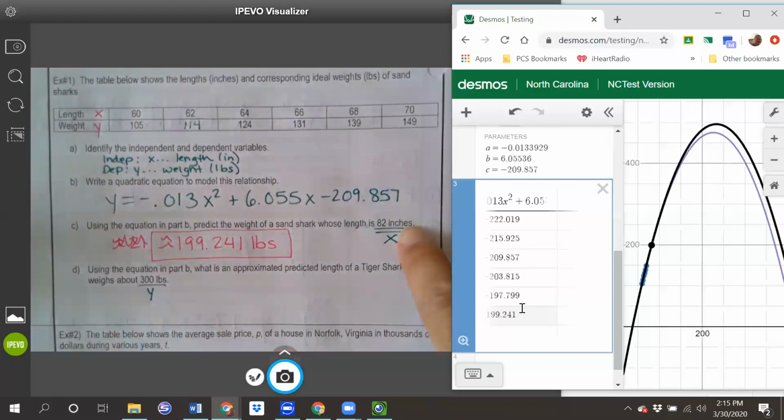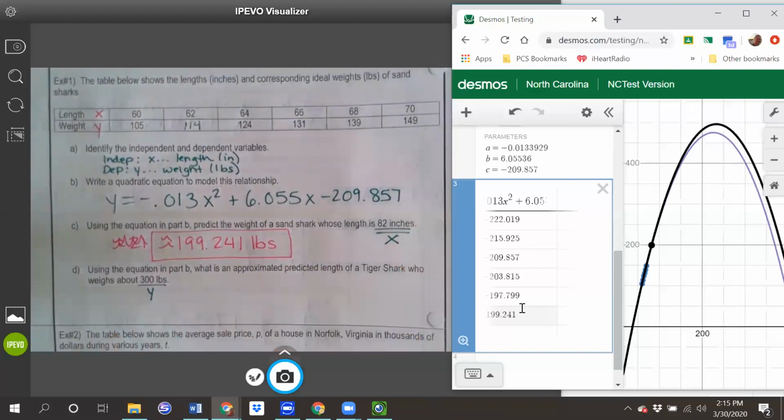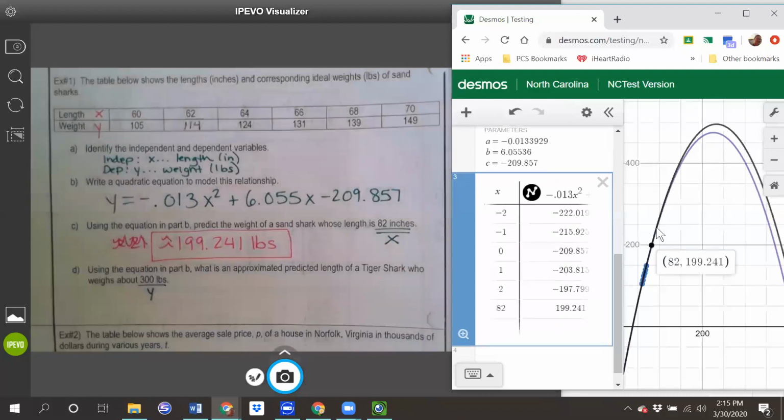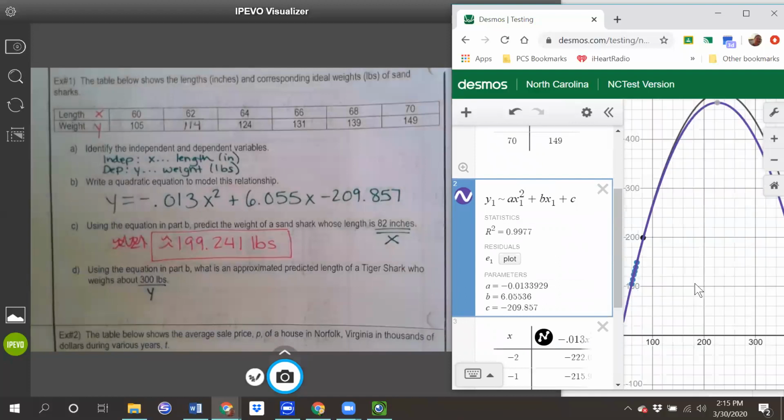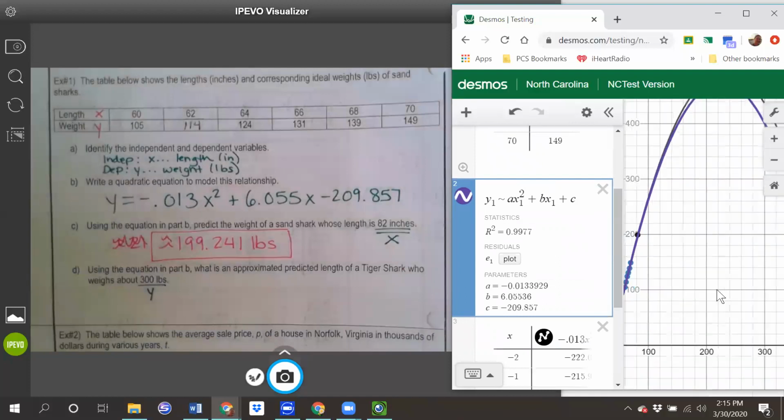Inches, that was the length, that is X. And here I am looking for a Y value of 300. So let's see, I'm going to come to my graph.